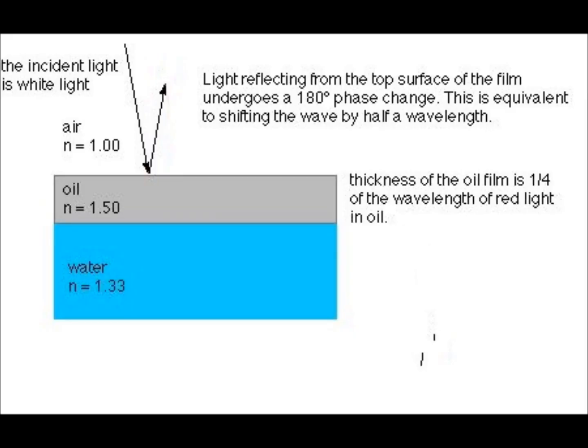So the first thing we need to know is that the light will undergo a 180-degree phase change when it reflects off of the oil. This is because the oil has a higher index than the air. So as the caption notes, this is equivalent to shifting the whole wave by half of a wavelength.